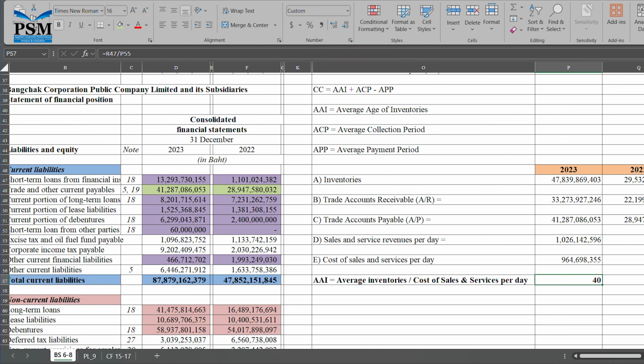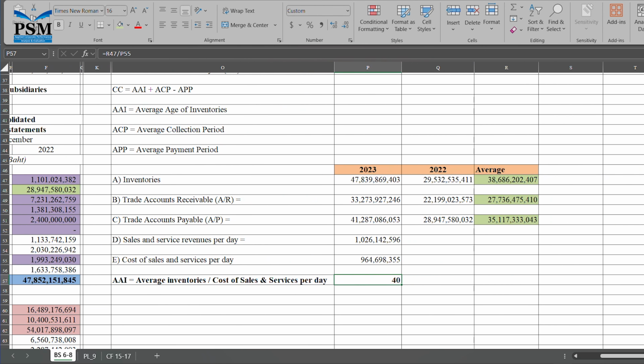Now to do that, we say equal. We have the numbers both. This is the average inventory amount, and this is the cost of sales per day. Following the formula, equal average inventories, this is the number we already prepared, divided by cost of sales per day.